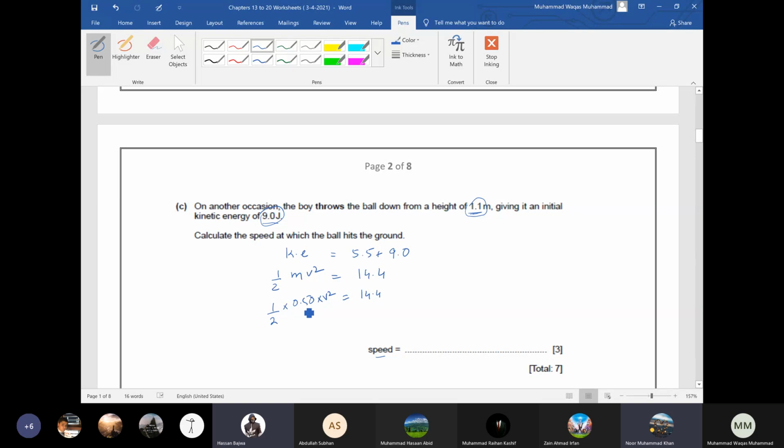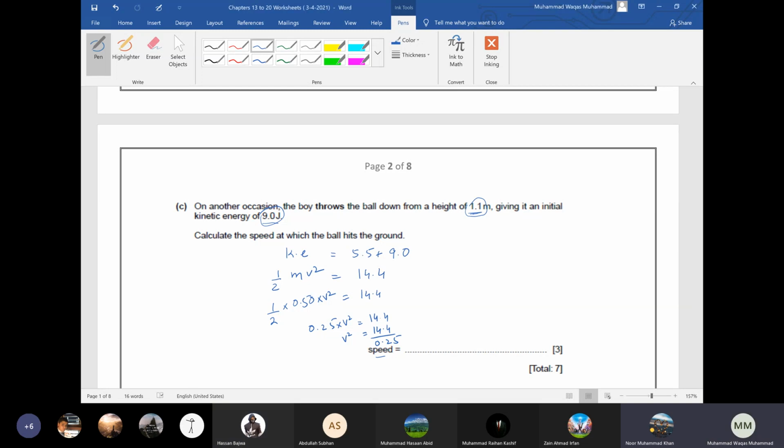0.25 into v square, right? That is equal to 14.5. Now v square is equal to 14.5 divided by 0.25. When you do this, what answer do you get? It's 58.